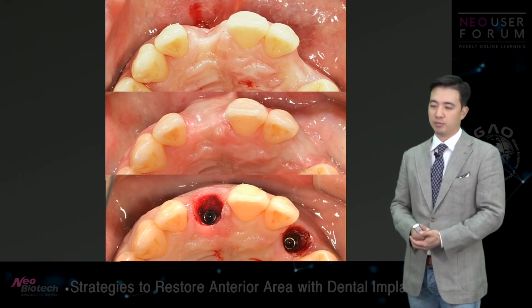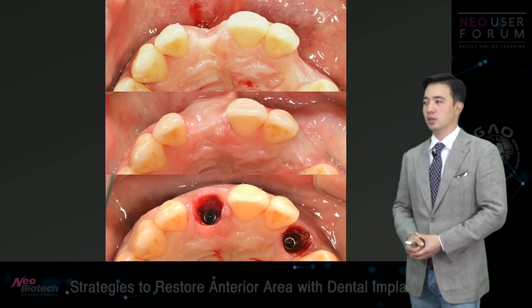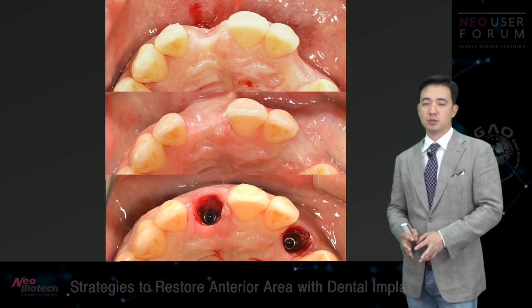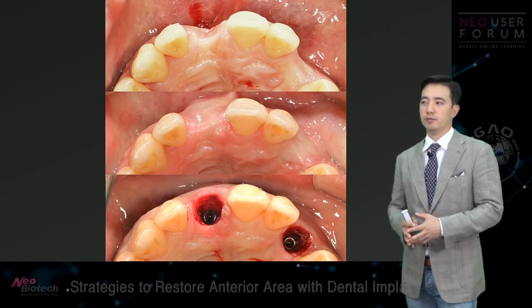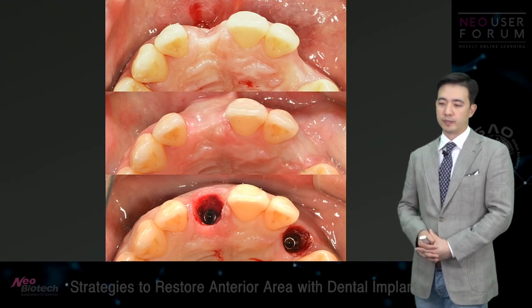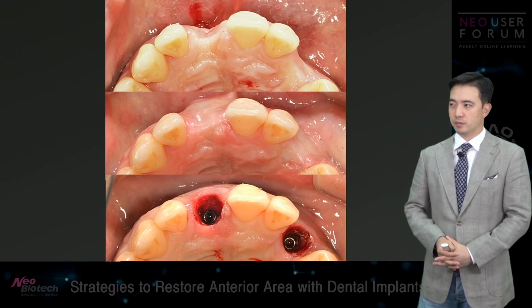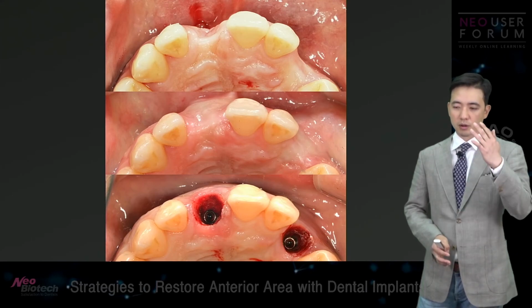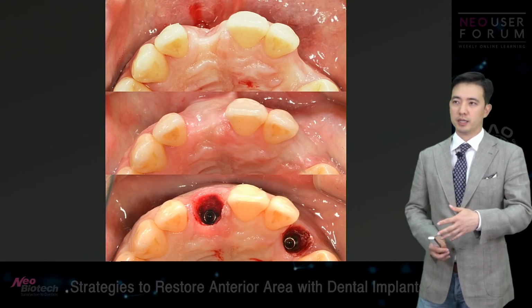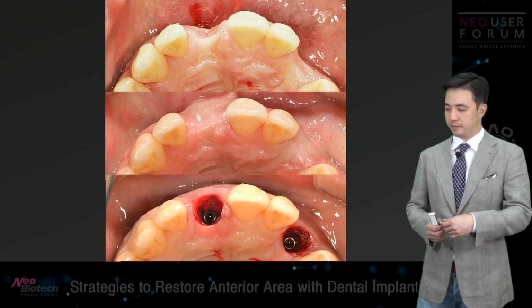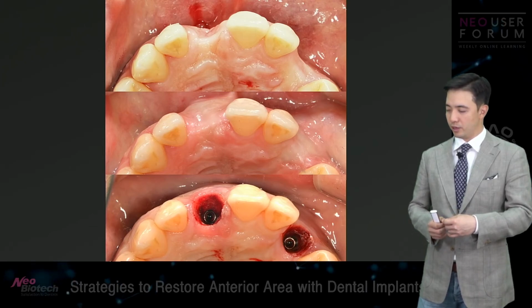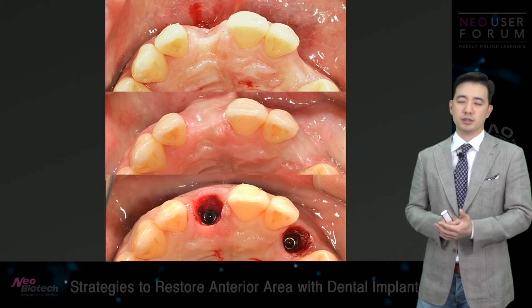Going back to my previous presentation, I showed one of my cases with the CT scan of, I think, 2-year follow-up. So what happens is the buccal part of the root kind of gets, forgot the word, ankylosed with the bone.